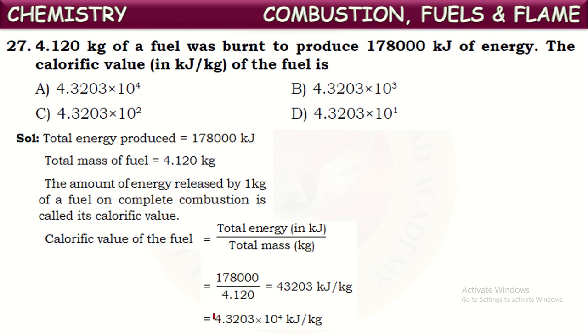So this is the energy released when 1 kg of fuel is burnt completely. This is called the calorific value of that fuel. This is the correct answer. The amount of energy released by the complete combustion of 1 kg of fuel is called its calorific value.